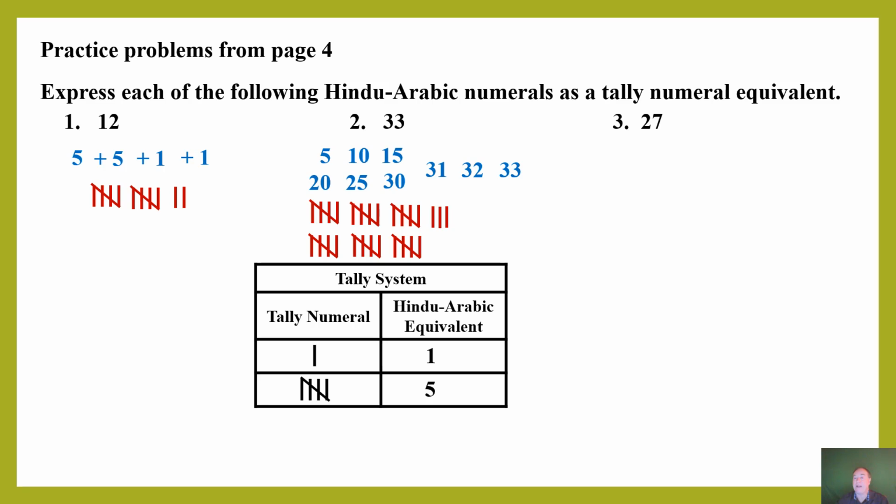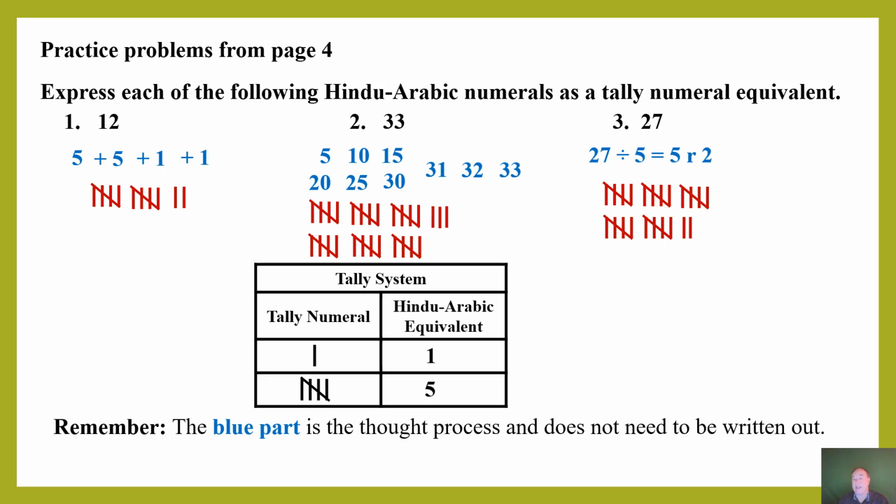All right, number 3, 27. This time we could use division. How many 5s are in 27? Well, 27 divided by 5 is 5 remainder 2. So you're going to have 5 5s and 2 1s for the remainder. Again, remember, the blue part doesn't need to be written out.